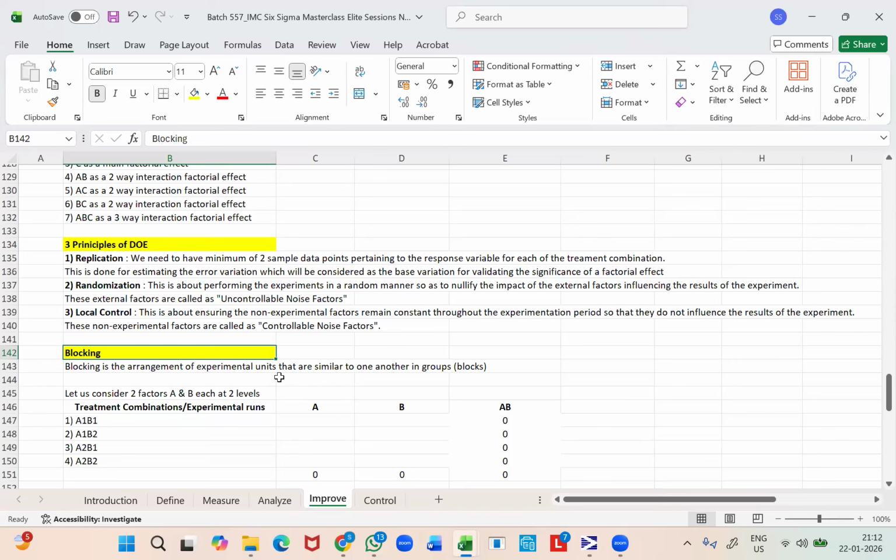Say, for example, you do not have sufficient quantity of milk to last the entire experimentation period. So you will be forced to buy milk from a different lot, even though it could be from the same supplier. When you buy the milk from a different lot, there could be a small difference in the quality of milk.